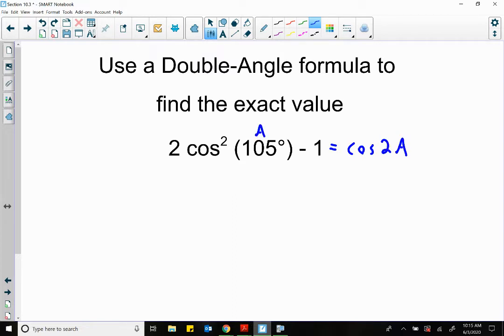This guy's a. So all we have to do is say cosine 2 times 105 degrees, which is cosine 210. Now that is on our chart.